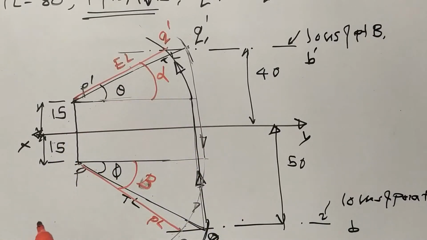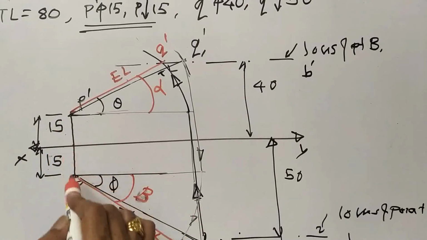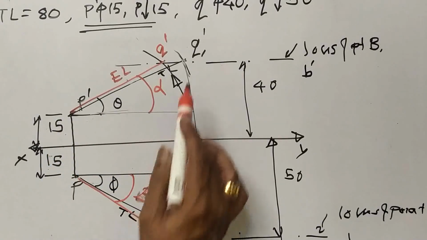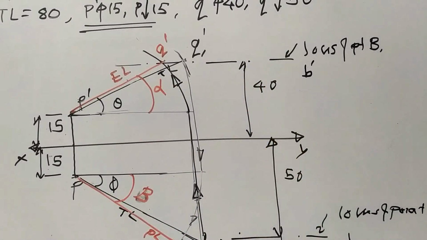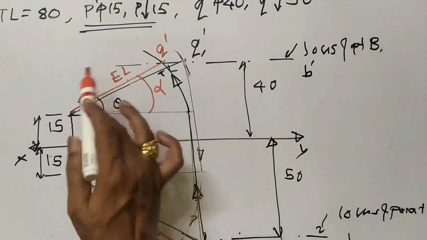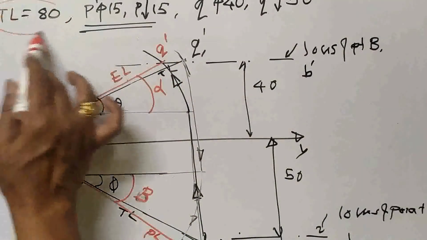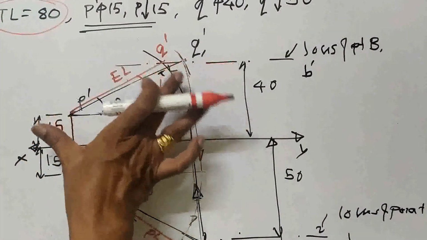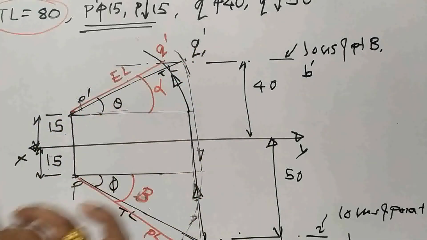So what I have done, as per the data given, P dash and P is marked, then Q dash and Q locus is marked 40 and 50. They are not fixed initially, only the locus is marked, and then on that locus, taking true length 80 mm, I cut the Q1 point, join this, I get theta.